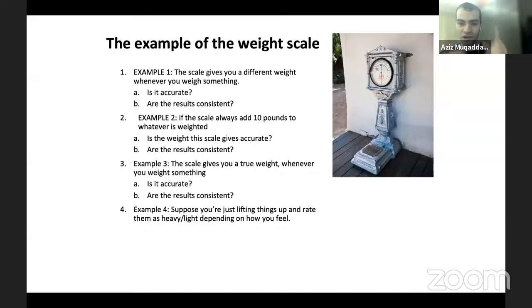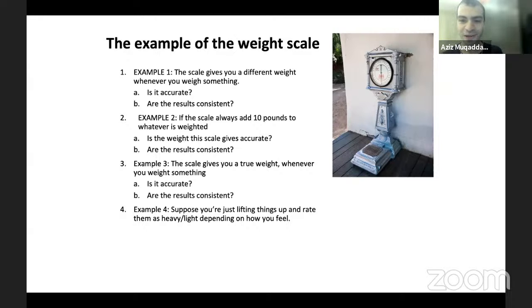It doesn't give you an arbitrary number, right? Sometimes 95, sometimes 99, sometimes 104. It just adds 10 pounds to whatever you weigh. In other words, if you own that scale and you know that it just adds 10 extra pounds, could you still use it?